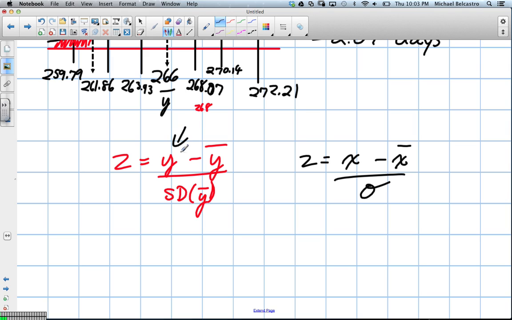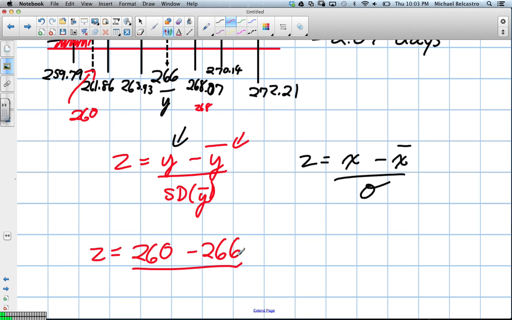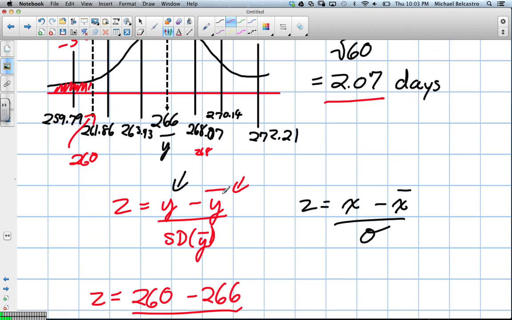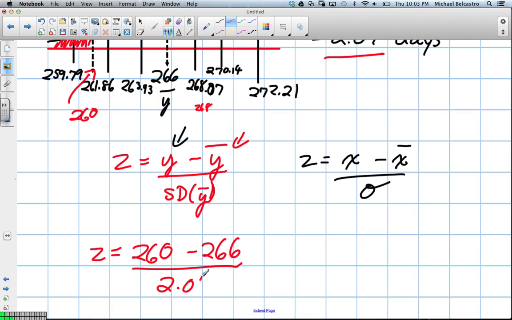Our y in this case is 260. We want to know how many are less than 260 days. So z is equal to 260 minus the average, our y bar, which was 266, divided by our standard deviation, which was 2.07.